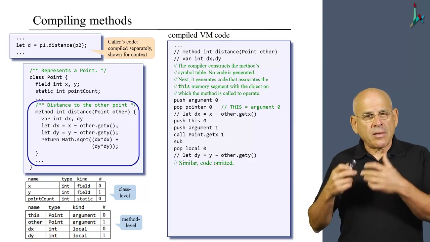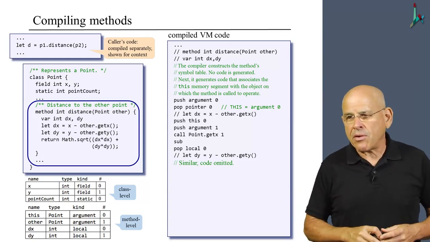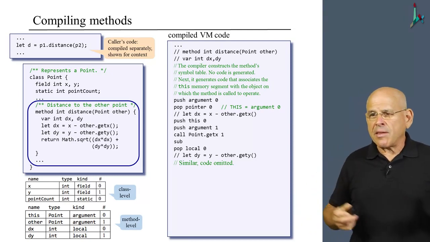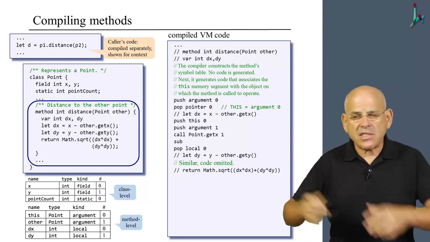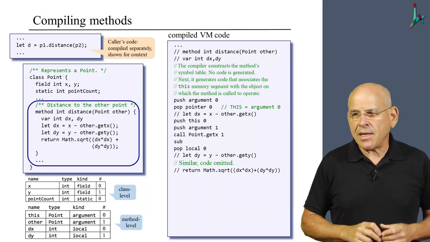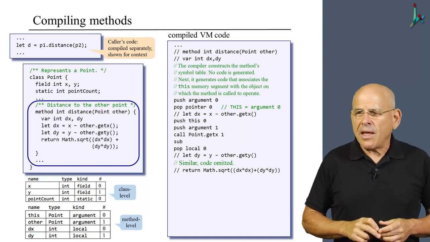How do we handle the dy statement? In a very similar fashion, and therefore I'm not going to repeat it. And finally, we have to handle the Math.sqrt computation, which computes the Cartesian distance between the 2 points.